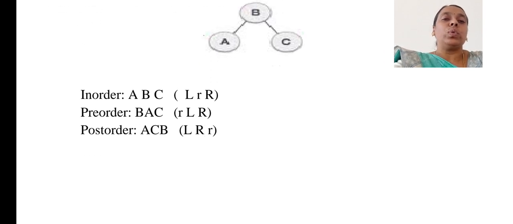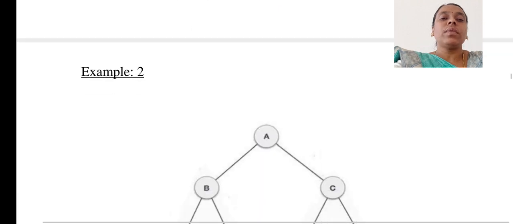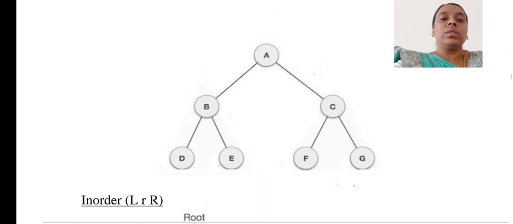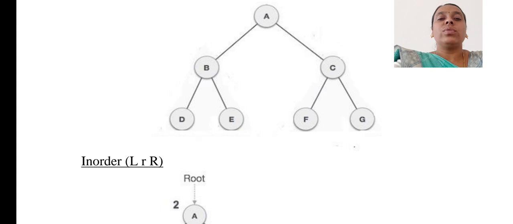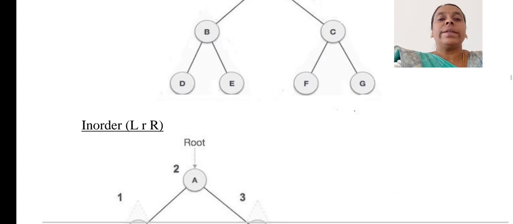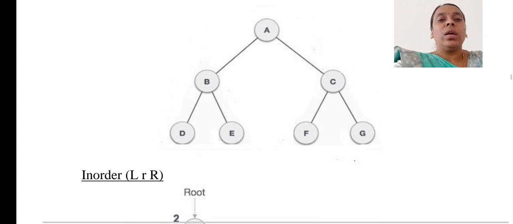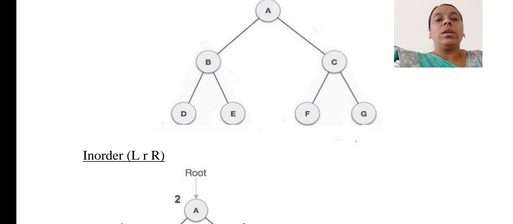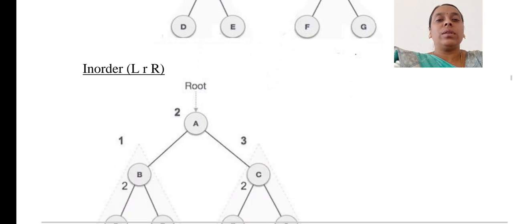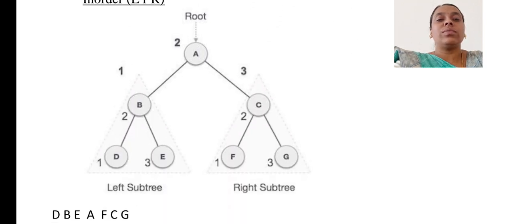Now example 2, this is a binary tree. First one is in-order. What is the rule? First visit the left subtree, then the root node, and then the right subtree.